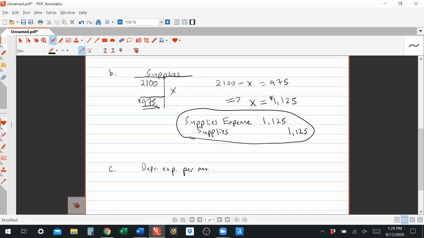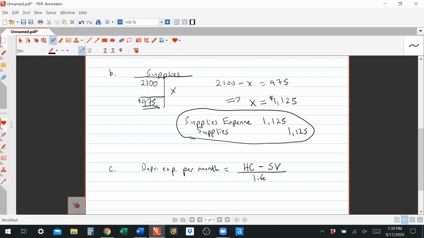There's a formula. It's what we originally paid for the asset, in this case, the office equipment, minus the salvage value of the asset. So it's the asset's historical cost minus the salvage value divided by the asset's useful life.